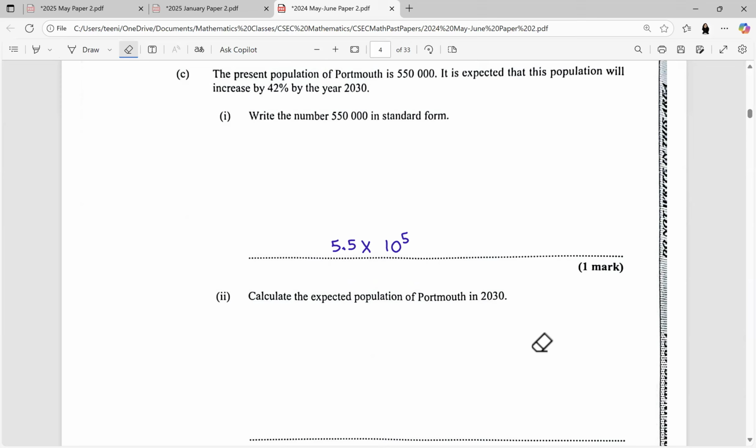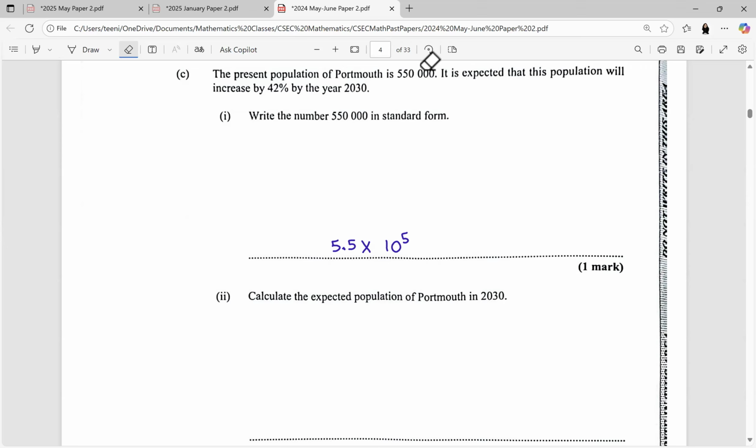Josh or Faith, Joshua, any ideas on how we would calculate the expected population? You multiply 42 by 550,000, and then you add that to the original. Yeah, so you could do it that way.